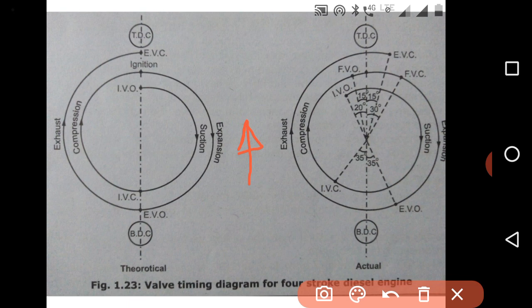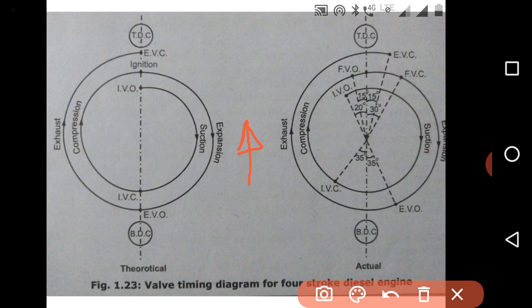What we have to do is increase the volume of suction charge, whatever charge we are sucking. For increasing the volume of suction charge, we are modifying the valve timing.